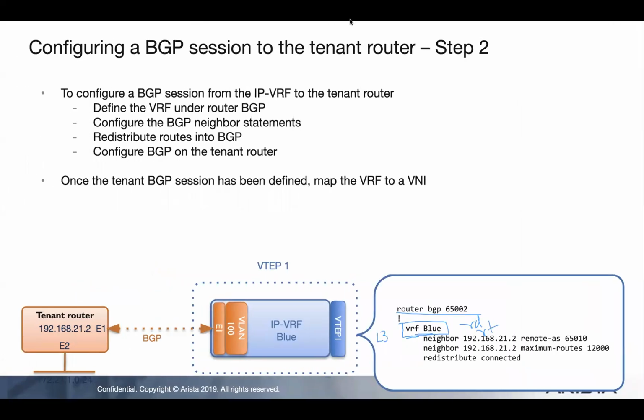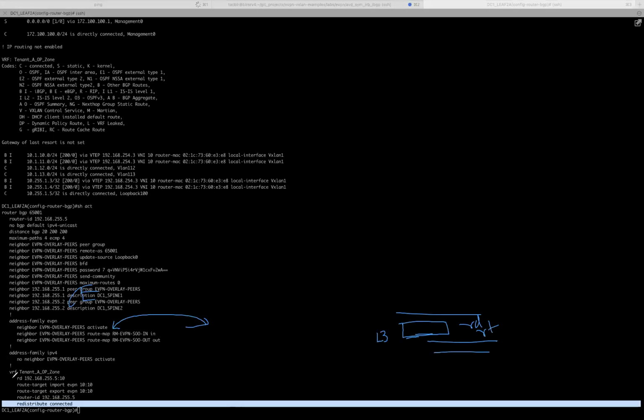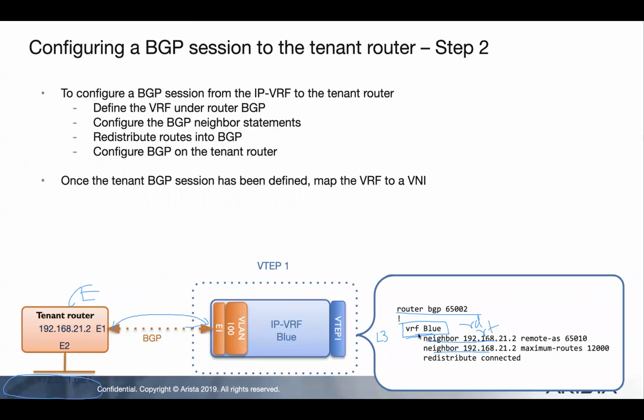The extra config is that you also need an eBGP neighborship with this CE device, and that's what you configure here. So on top of the RD and RT configuration, you also add this neighbor configuration.